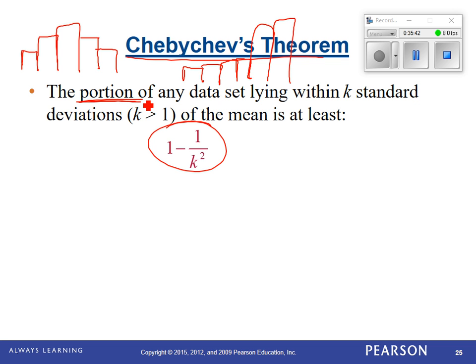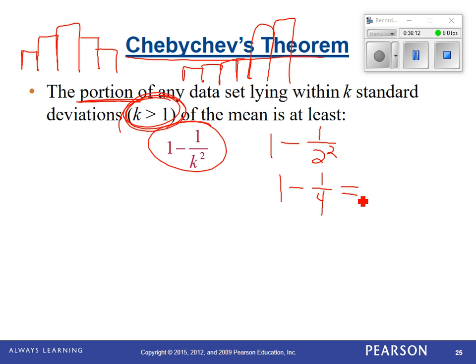So what you do is 1 minus 1 over k squared, where k is how many standard deviations away you're looking for. If we're looking for 2 standard deviations away, then you say 1 minus 1 over 2 squared. Well, what is 2 squared? It's 4. So 1 over 4, what's 1 minus 1/4?